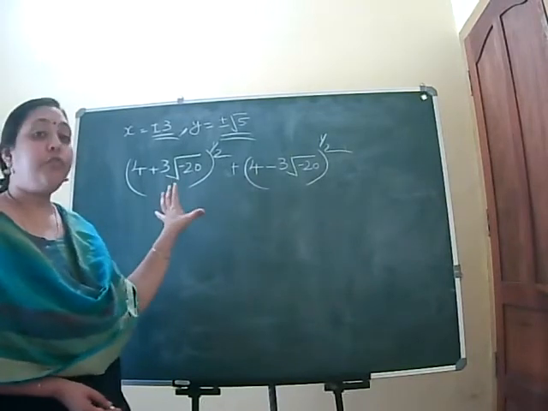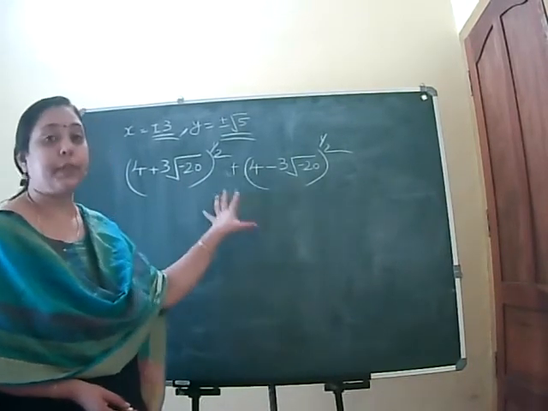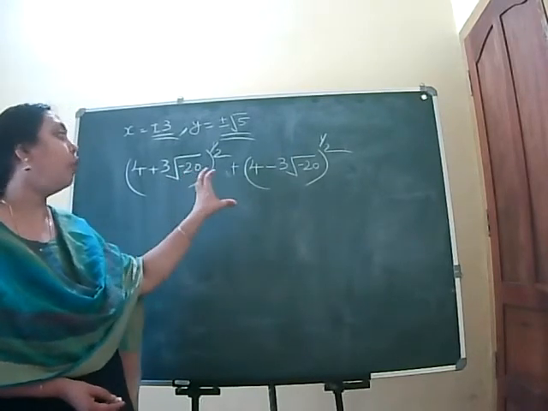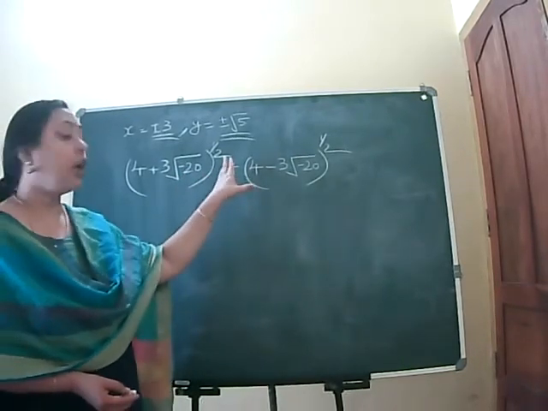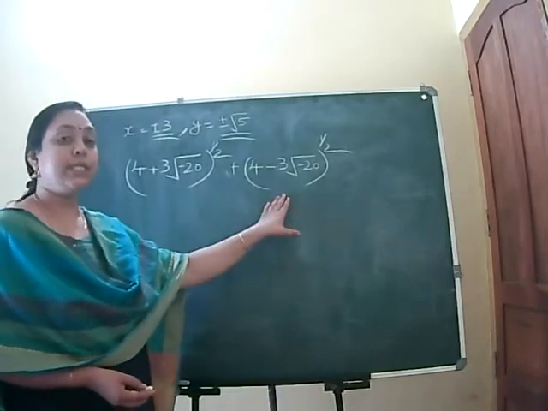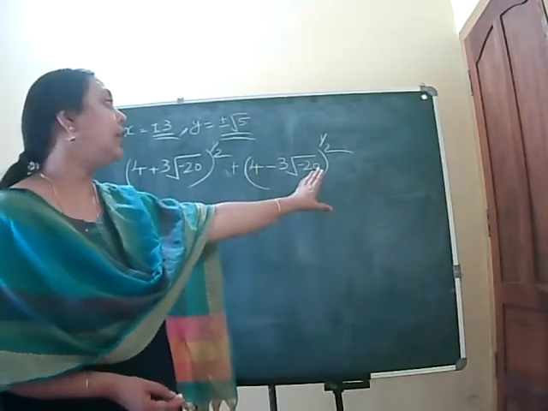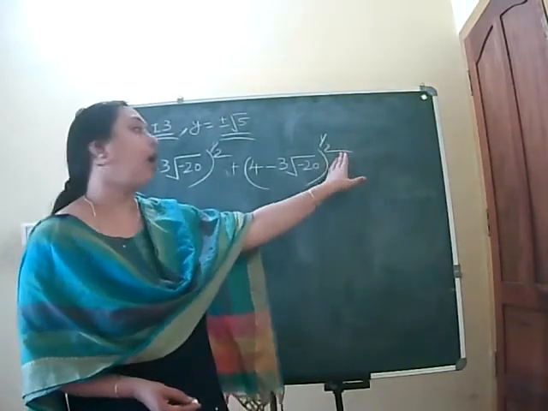Now we have to find the value of this expression, that is 4 plus 3 into square root of minus 20 the whole raised to half plus 4 minus 3 into square root of minus 20 the whole raised to half.